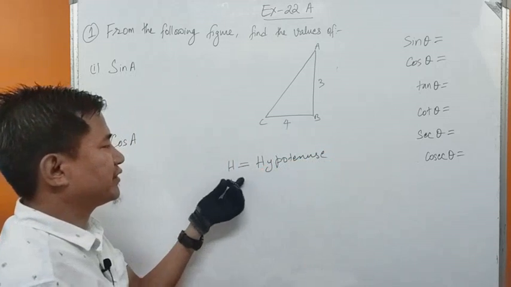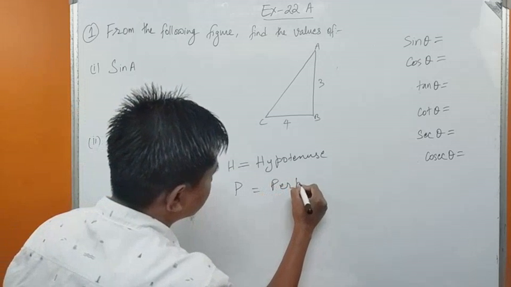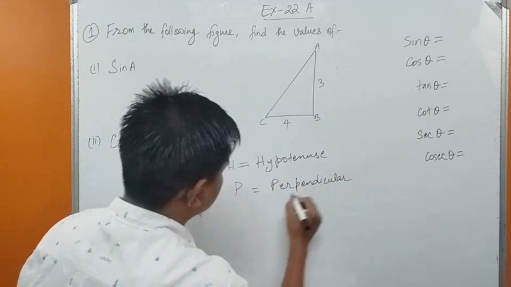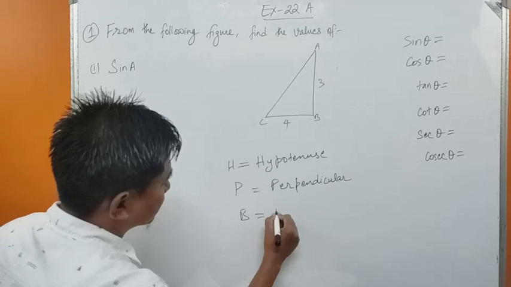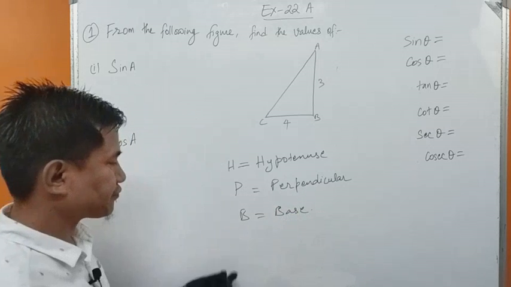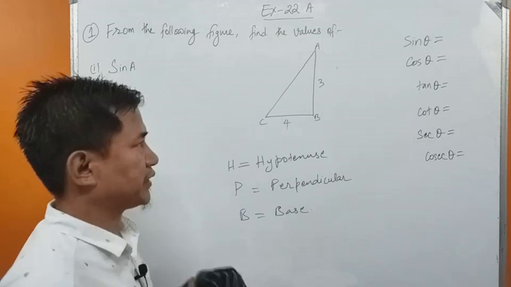Hypotenuse is denoted by the letter H. P for perpendicular, and B for base, okay? Base is B. So H is hypotenuse, P is perpendicular, and B is base.